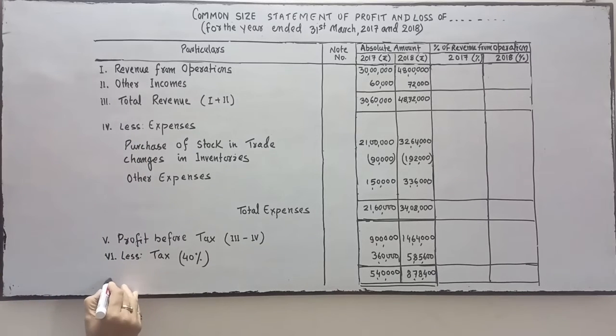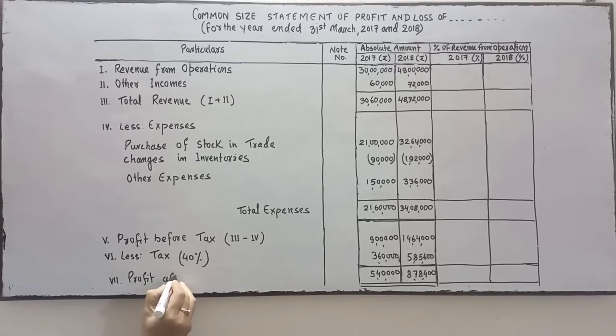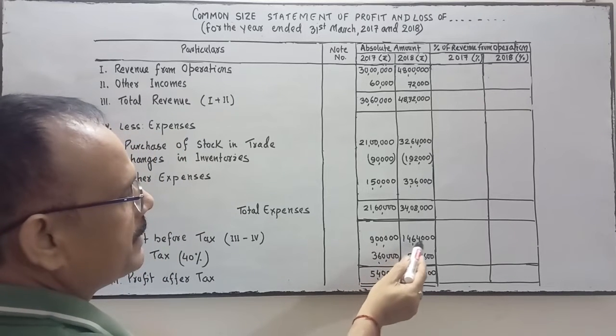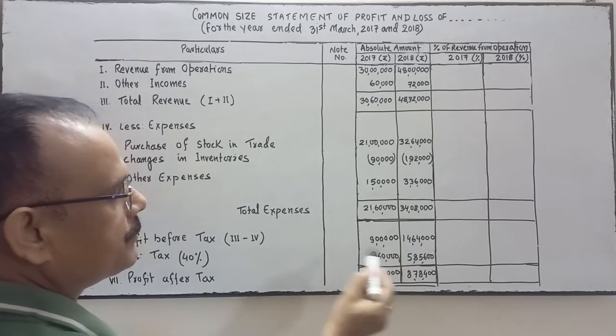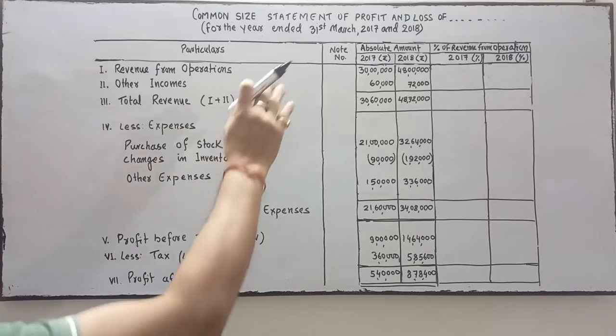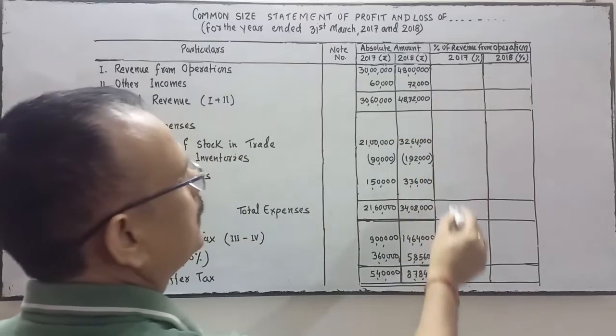So the seventh one is profit after tax. Profit after tax: 9 lakh 60,000 minus 3 lakh 84,000, and 14 lakh 64,000 minus 5 lakh 85,600. So 8 lakh 78,400. Now we will calculate the percentage.